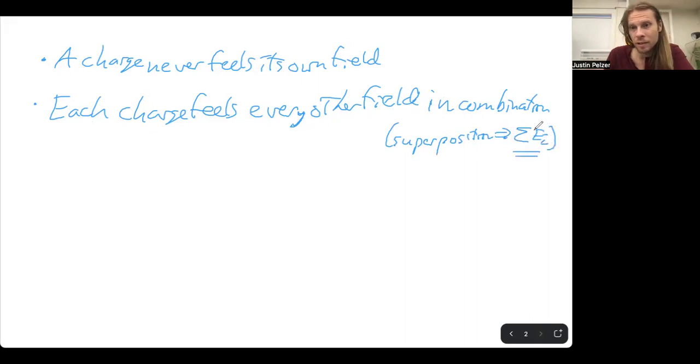That's the sum of E sub I, with I counting from however many charges you have. So I equals 1 to however many, n. Don't worry, this is just a mathematical way of saying you add up the fields, which we're going to do. I'll show you what this means physically, which is much more important. And these are vectors.